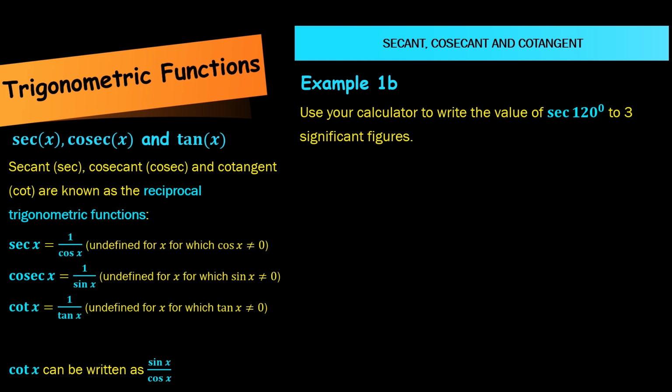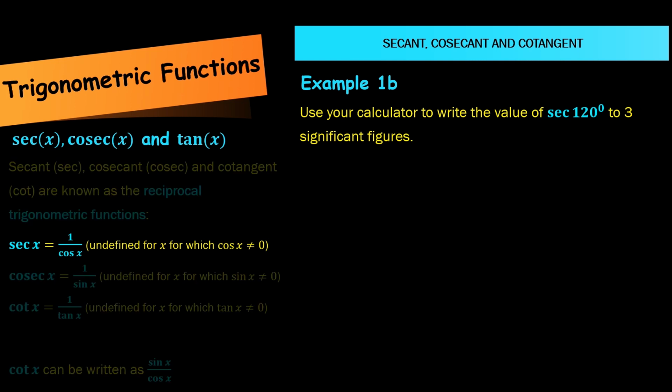And now for part B. Use your calculator to write the value of sec 120 degrees to three significant figures. Now sec x equals 1 over cos x. So if we plug in x equal to 120 degrees into this definition, we obtain sec 120 degrees equals 1 over cos 120 degrees.